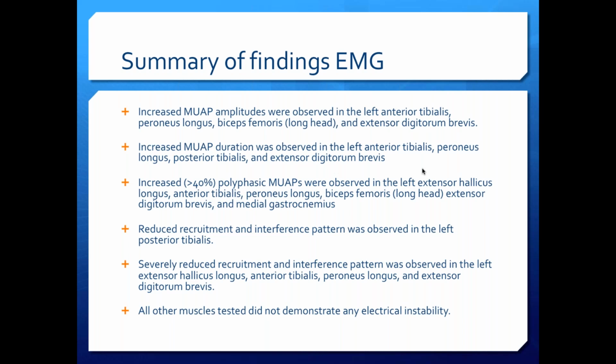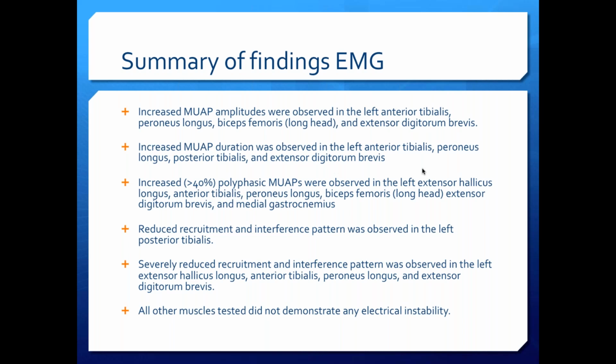The abnormalities are fitting into a root pattern. The specific root is so far looking to be the majority S1. There's some L5 involvement, but the majority is S1 nerve root involvement. We also showed reduced recruitment and interference, and then severely reduced recruitment and interference in the left EHL and other muscles there. All the other muscles tested were normal.